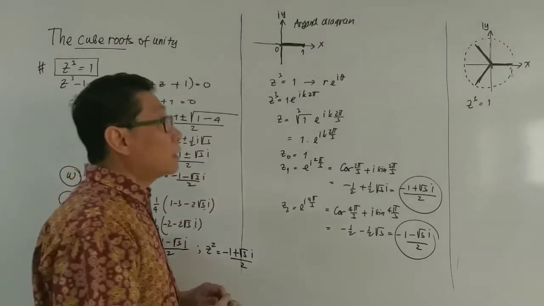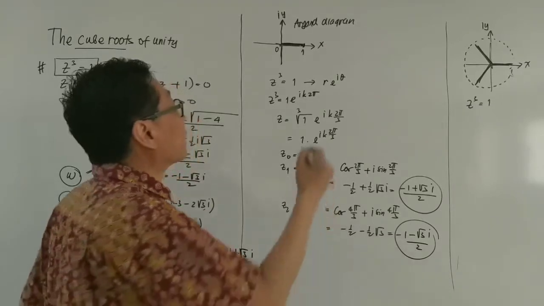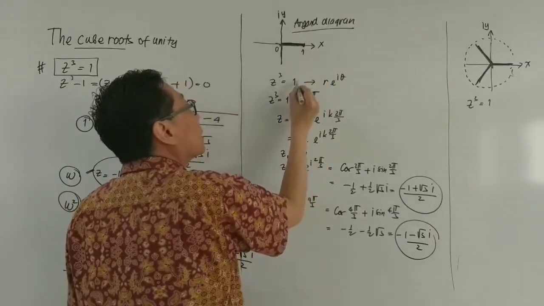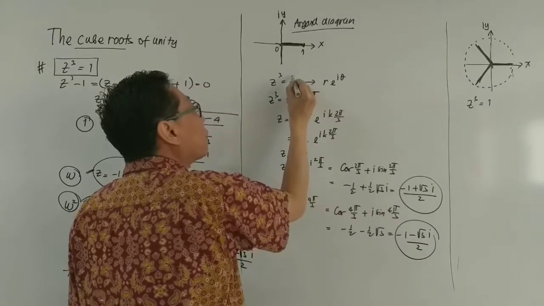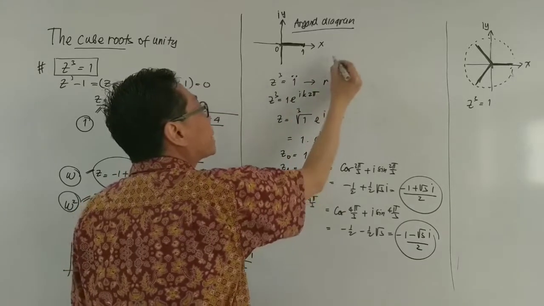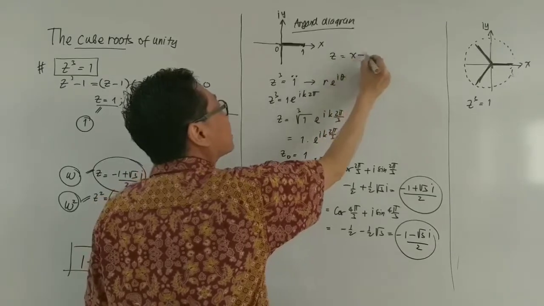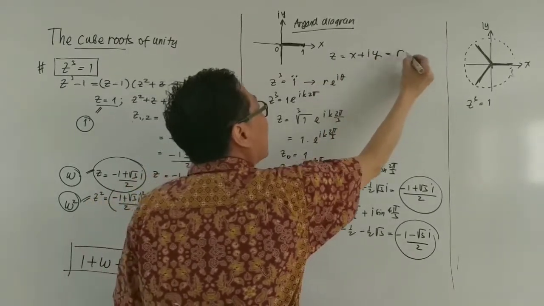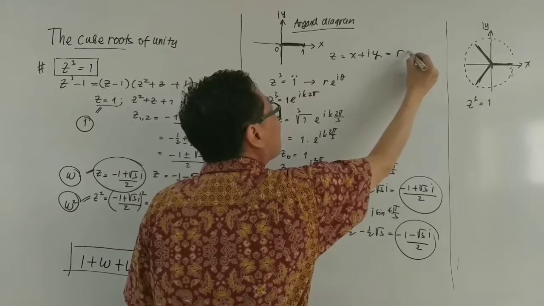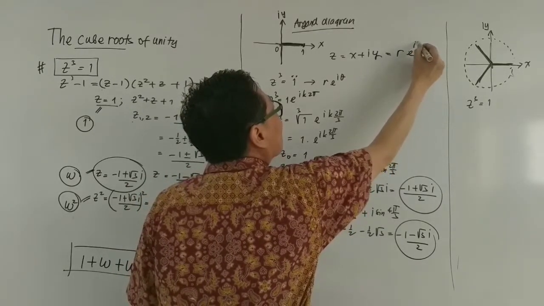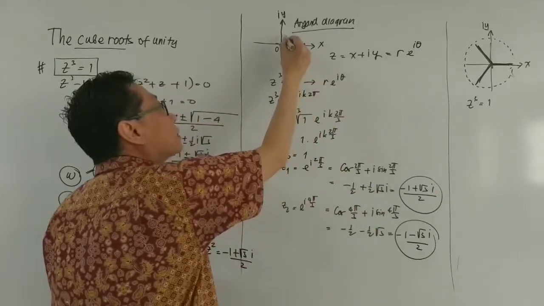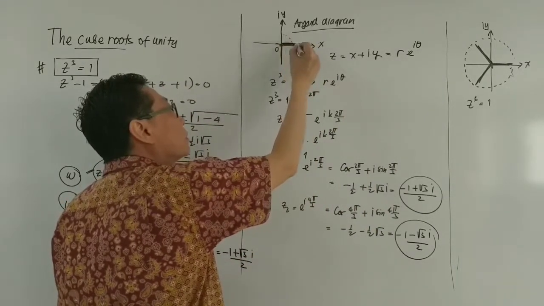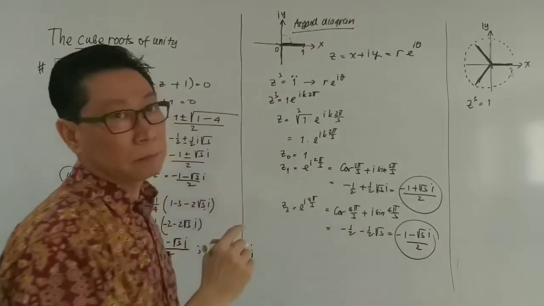Another process: in the Argand diagram, we know the value of 1 can be expressed as z equals x plus iy, so it's also r e to the i theta. The argument theta is 0, and the modulus is 1.